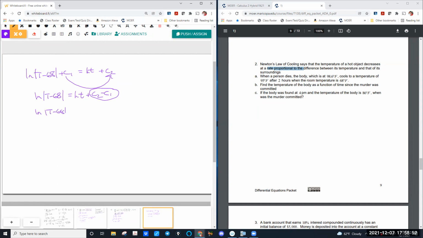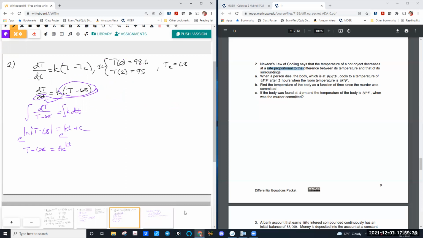So we would just say equals kt plus c, where c is just c2 minus c1. So basically what we're doing is omitting these first two steps by saying, hey, we know we're going to absorb it into another constant anyways. So let's just put a constant only on the right-hand side. I see. It's because it's redundant. Well, exactly. You got it.